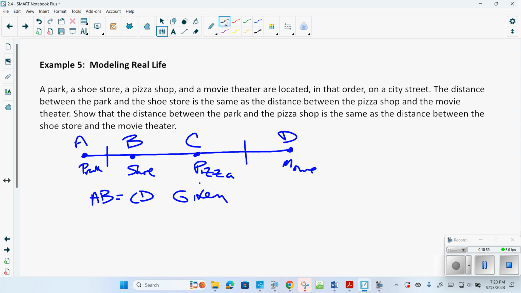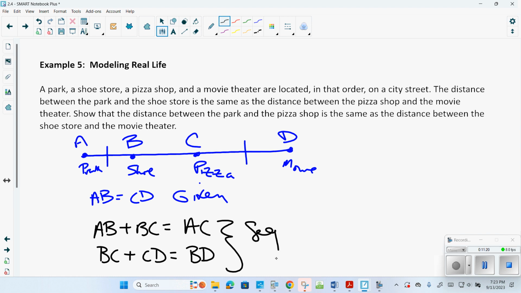Now, just like when I had the last one with angle addition, I'm now going to do some segment addition. AB plus BC equals AC. And then I can also do BC plus CD equals BD. That is segment addition. Now, substitution. I can put AB in for CD.